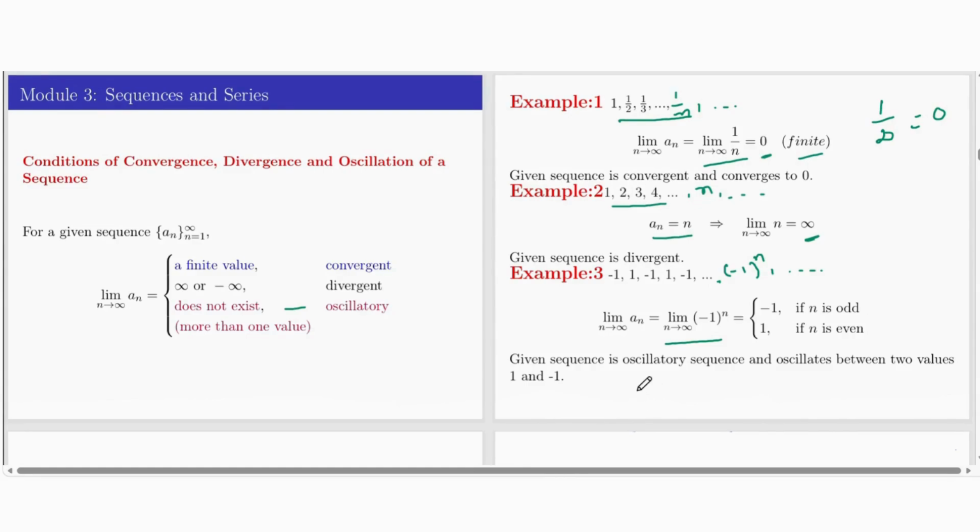Also oscillatory sequence is known as what? Divergent sequence. Okay, so convergent sequence means it approaches one finite value, then the sequence is convergent. If after evaluating this limit we get plus infinity or minus infinity or the limit does not exist, what we conclude? The sequence is divergent sequence.